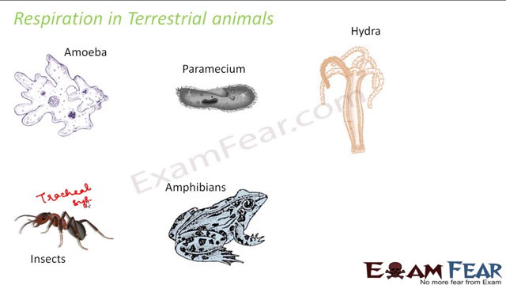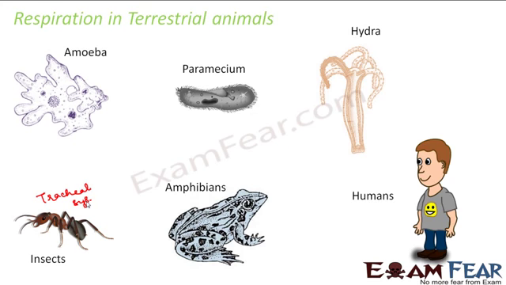Their skin acts as a medium for diffusion of gases. In case of human beings, we have lungs. So here we have lungs. In amphibians, we have lungs as well as skin. Now, in all these, we do not have any specialized organs. Their body surface acts as the respiratory surface.